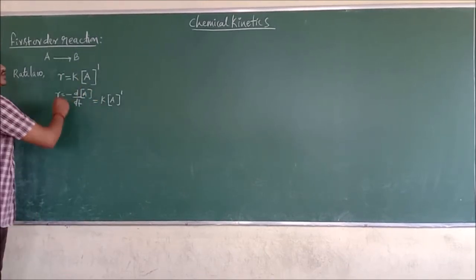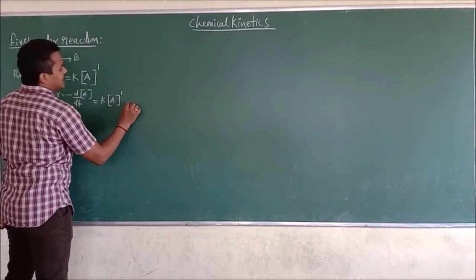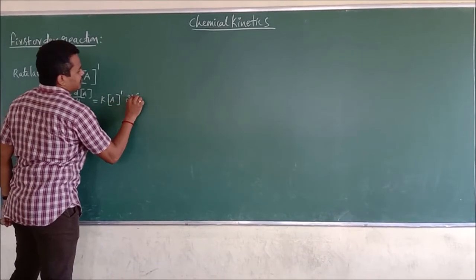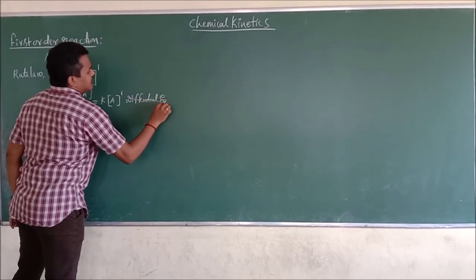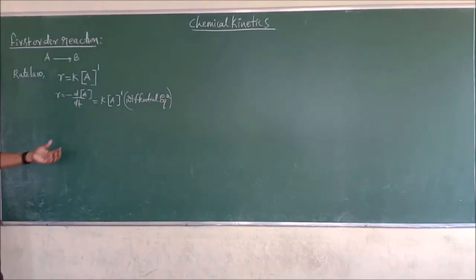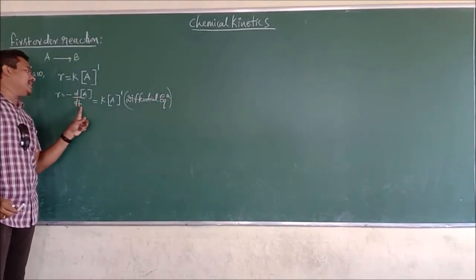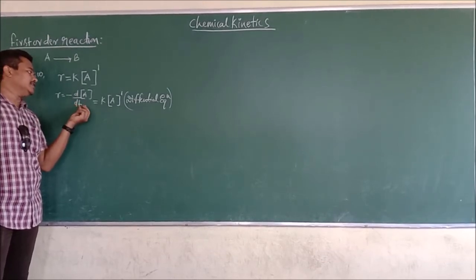This one you can also say is a differential equation. Why am I saying this is a differential equation? This d by dt is a differential form. It is talking about a very small value.